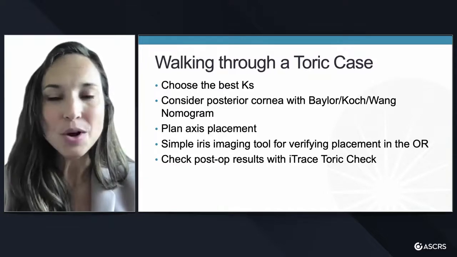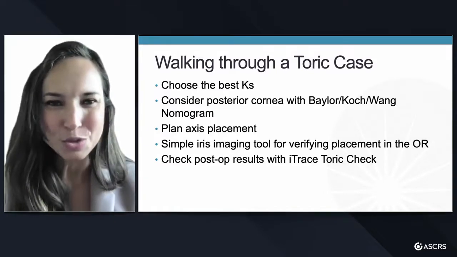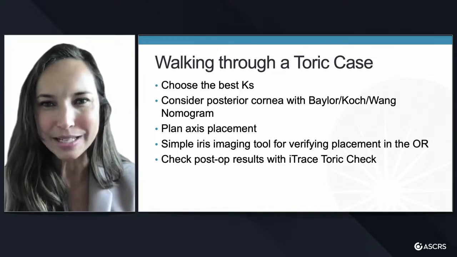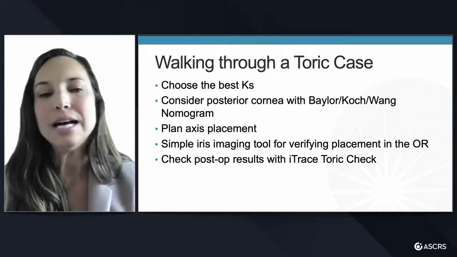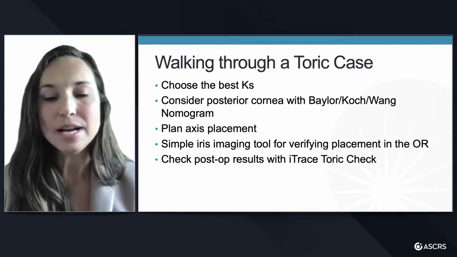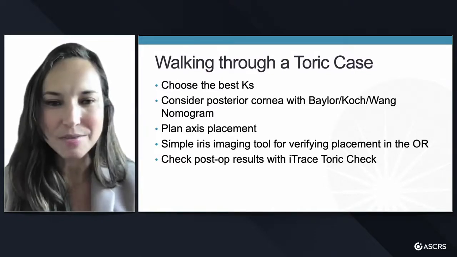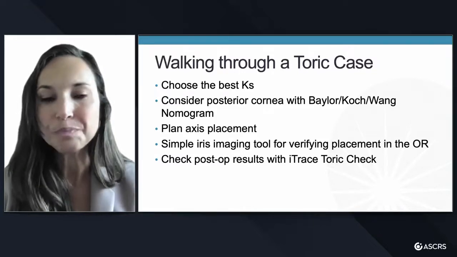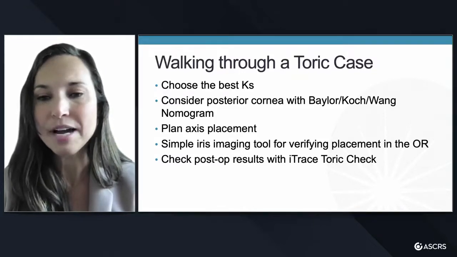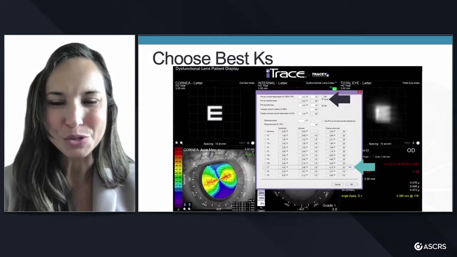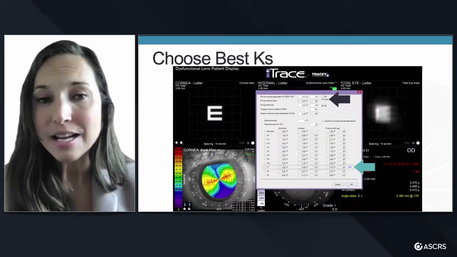We need to now consider the PCA, posterior corneal astigmatism, all the work done by Doug Koch and the Baylor nomogram. Plan the axis, right? And we're going to show some pictures on the iris imaging tool to verify alignment and then, of course, check our results post-op.